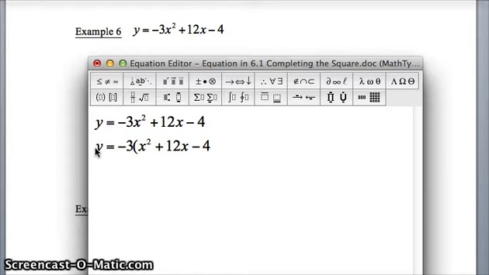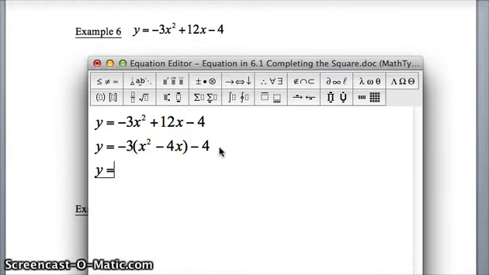Instead of plus 12x, you're going to have minus 4x. Remember, you've divided positive 12 by the -3, so -3 times -4 will give you plus 12. Leave the last term, the -4.